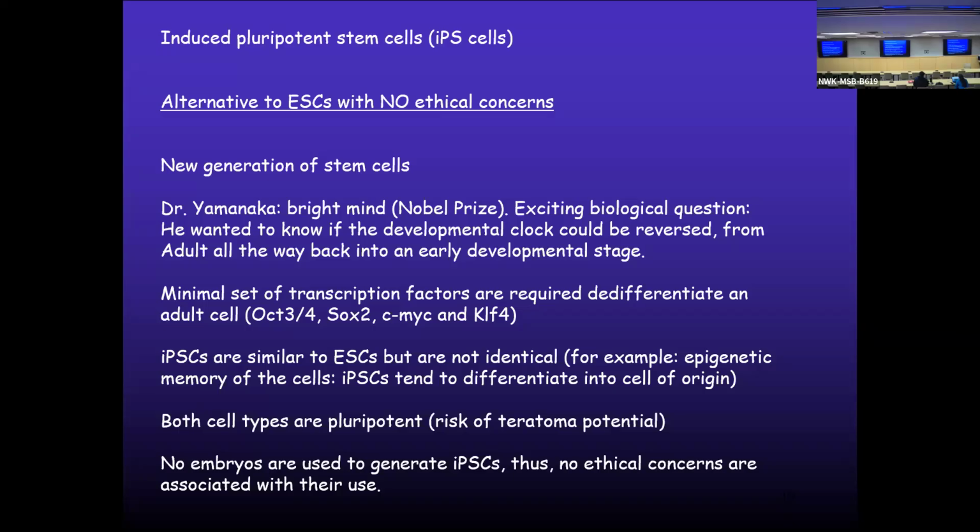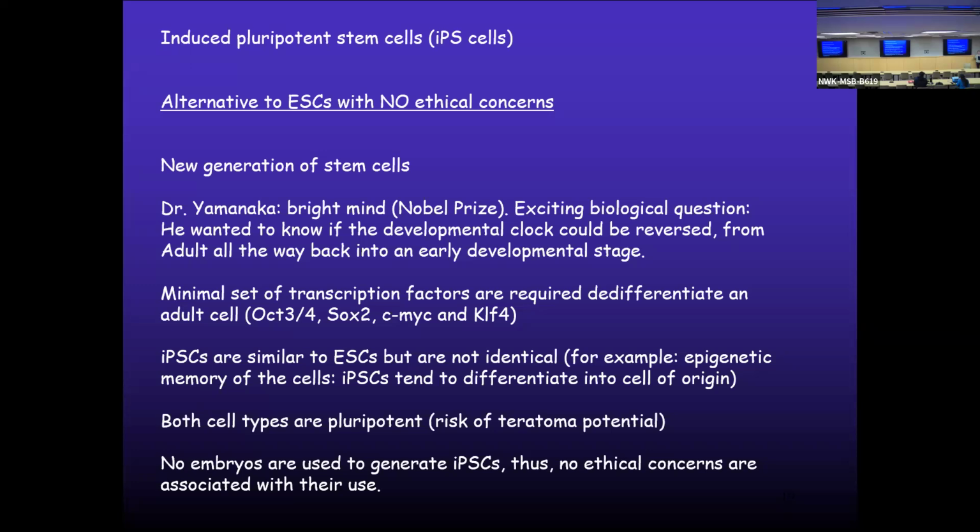So is there any ethical concern there? Zero ethical concern. And that's why now we are all using iPSCs. We are using ESCs, but we have to report, we have to fill in the blanks everywhere. iPSCs, no concern. You could do whatever you want with the iPSCs.